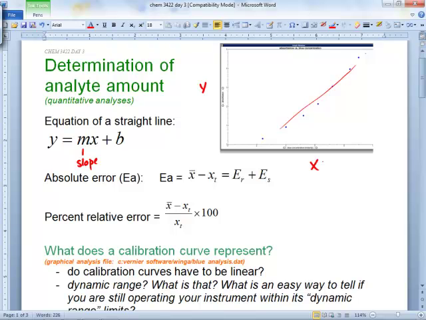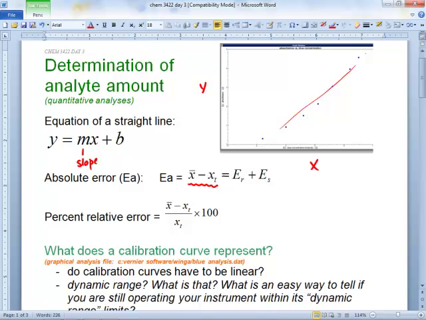And there's error, right, in pretty much every measurement you make. What are these mathematical little symbols? Kathleen, what are those? Yeah, which one is the mean? It's the x bar. Yep.